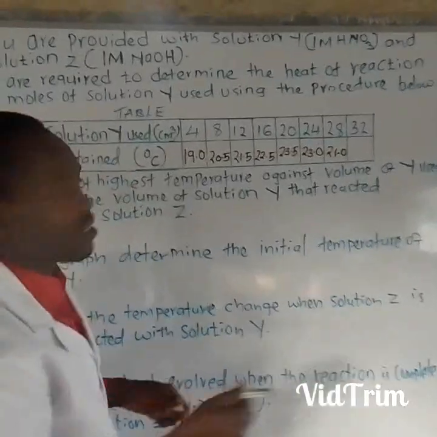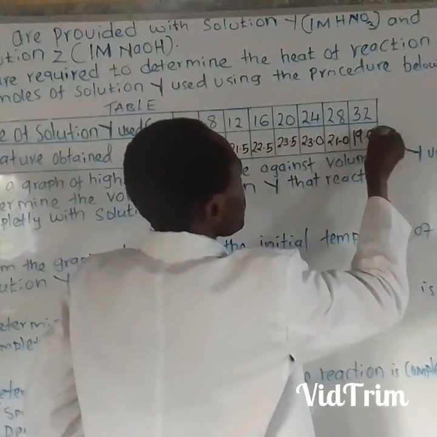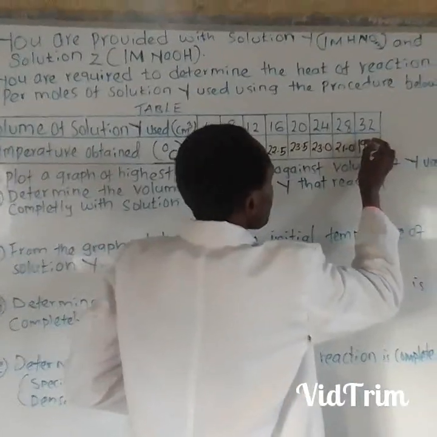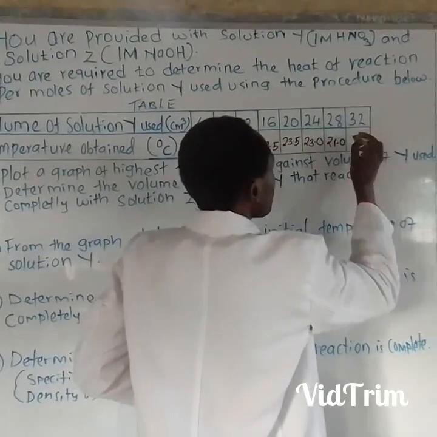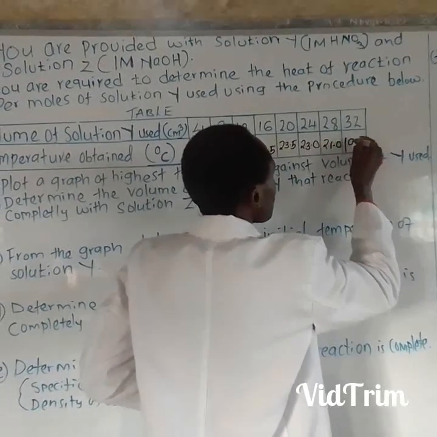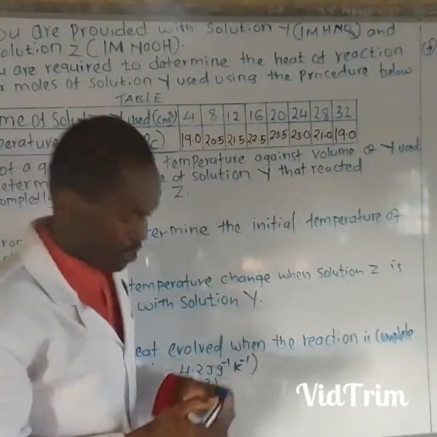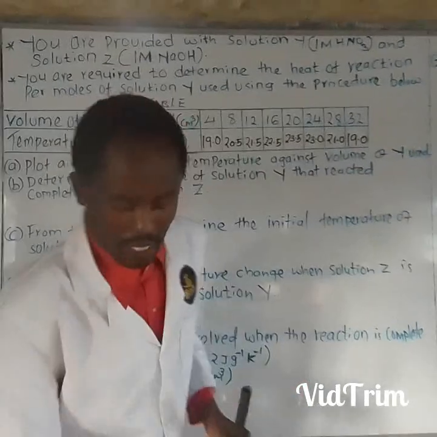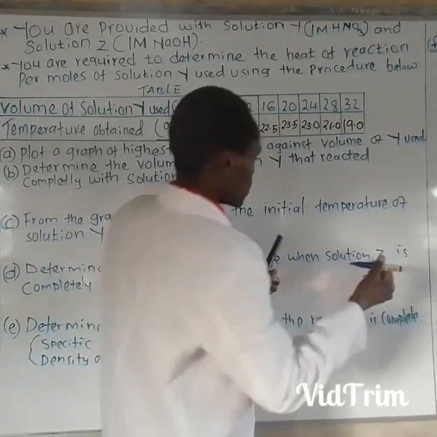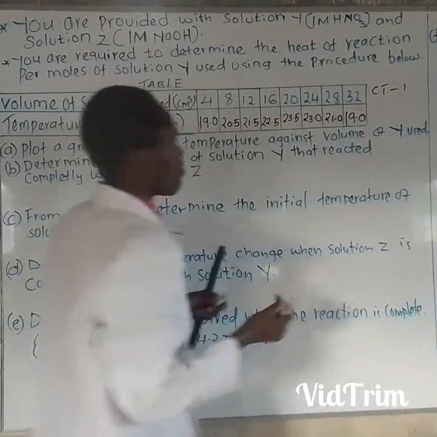So what my students have to record here, 19.0. So my students, here we normally look at it: a complete table will earn you a mark.